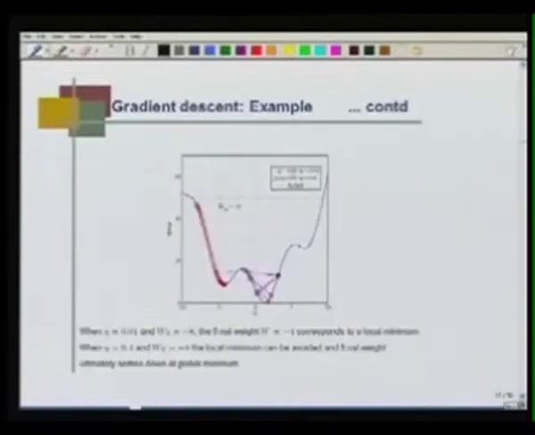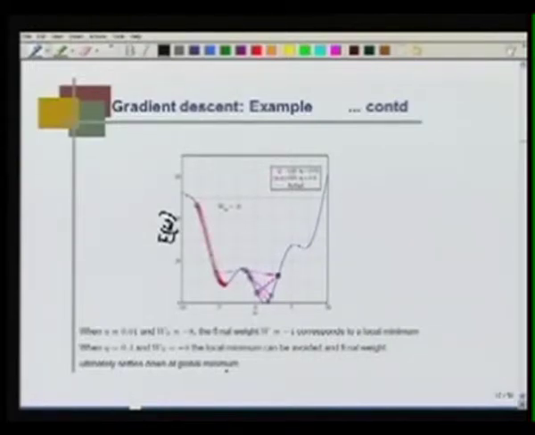So, you see that this particular cost function E(W) has 2 local minima and 1 global minimum.